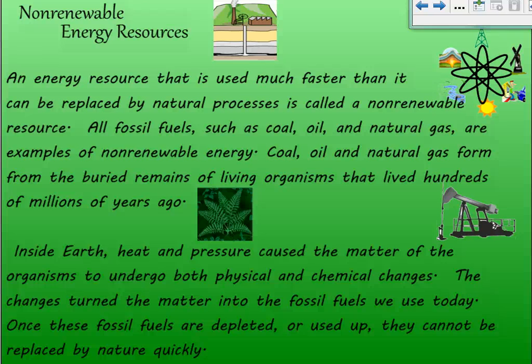Inside Earth, heat and pressure cause the matter of the organisms to undergo both physical and chemical changes. The changes turn the matter into the fossil fuels we use today. Once these fossil fuels are depleted or used up, they cannot be replaced by nature quickly.